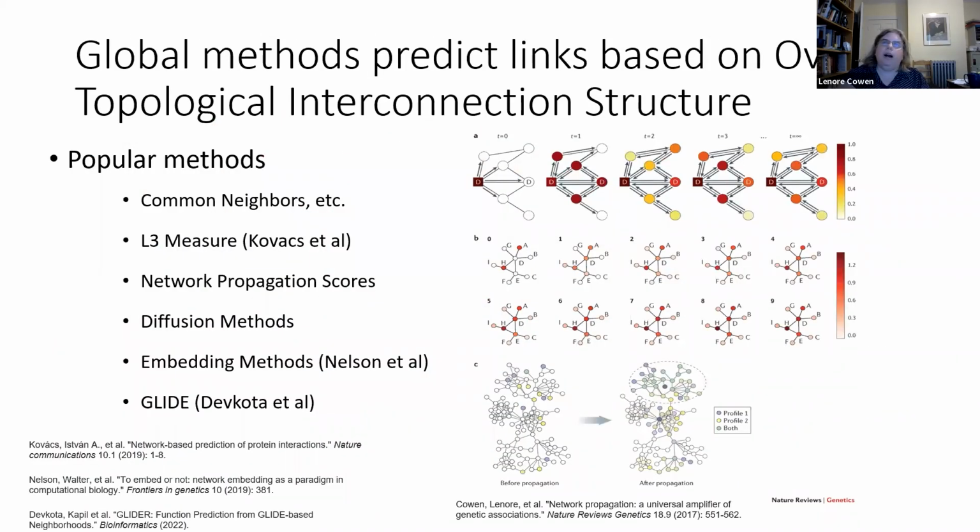As many people in different sessions today have already alluded to, in these types of networks there are many different ways that people use the existing graph-theoretic interconnection structure of the network to predict possible additional edges.